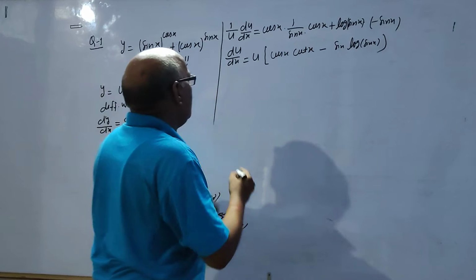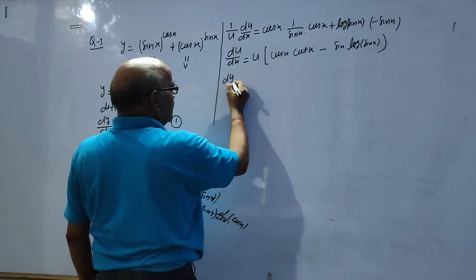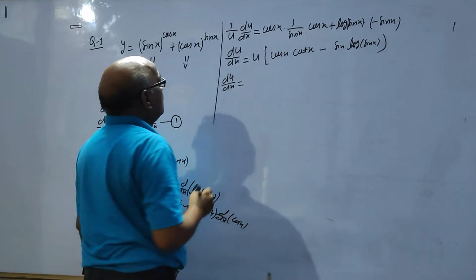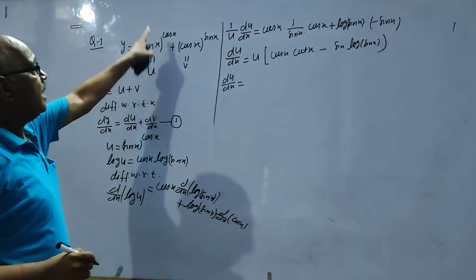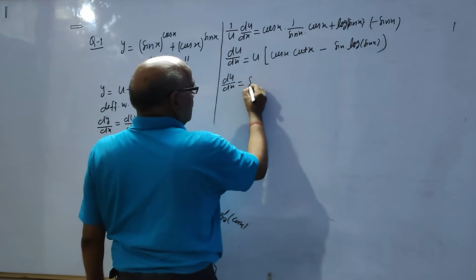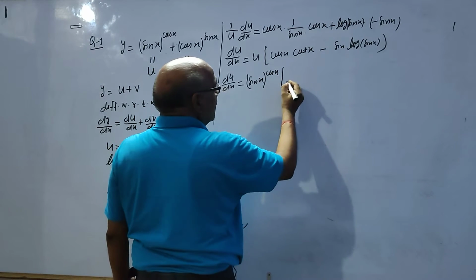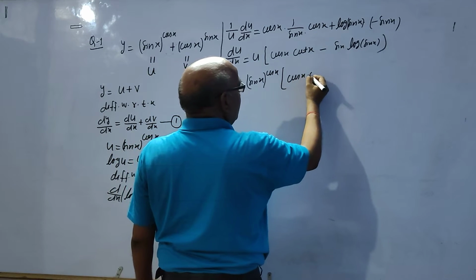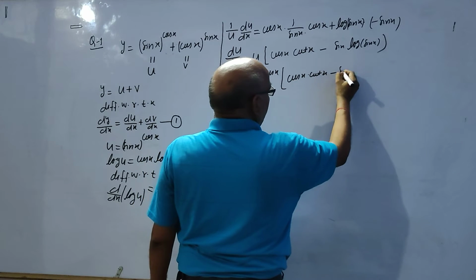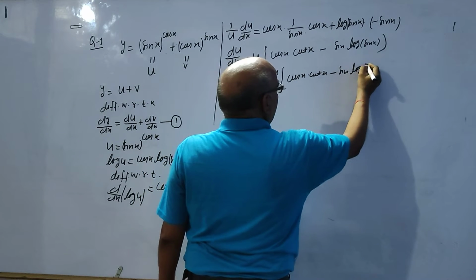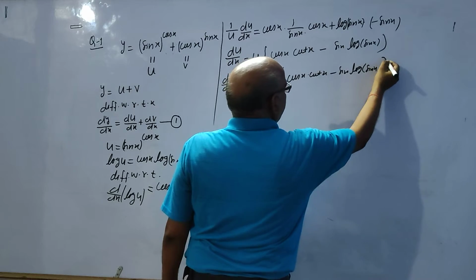Now put the value of u, so that is what, du over dx is equal to, u is equal to how much, that is sin x whole to the power cos x. So it is sin x whole to the power cos x. Now it is cos x into cot x minus sin x into log of sin x.